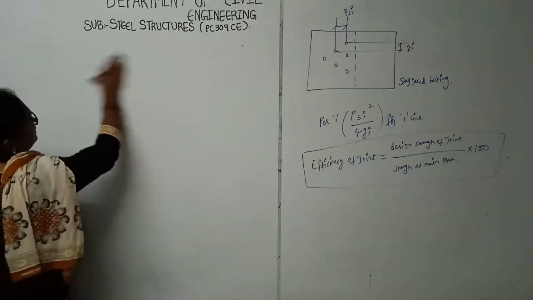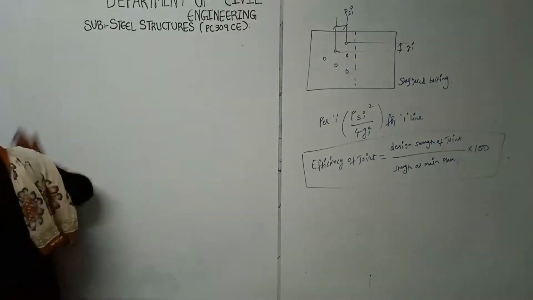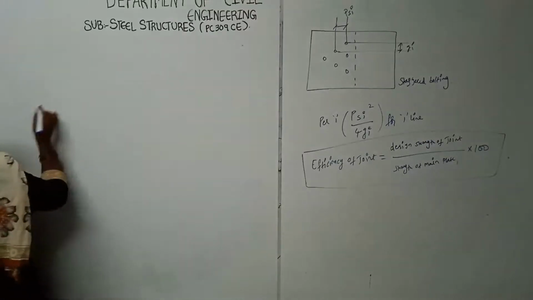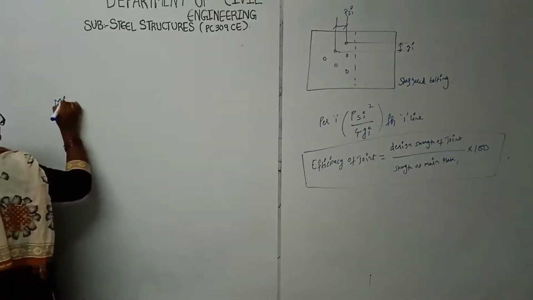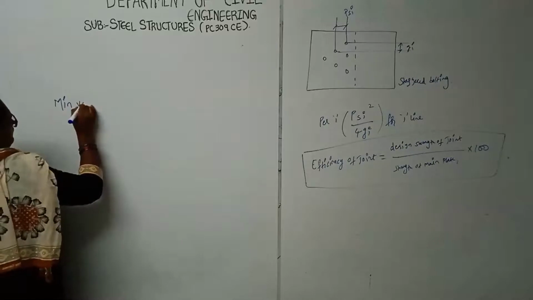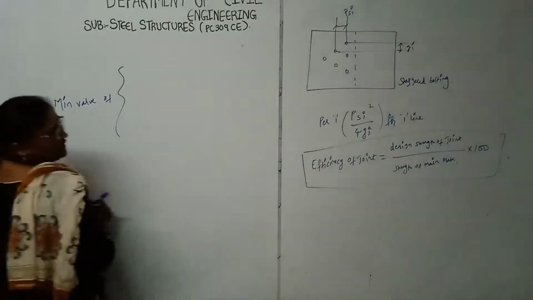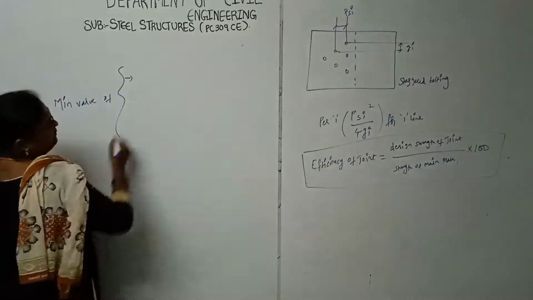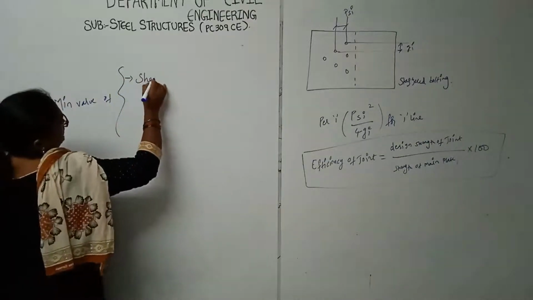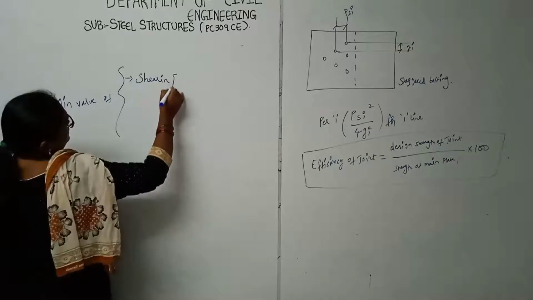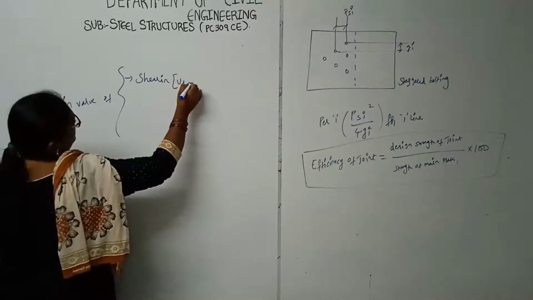See here, the minimum value. First one we have taken is shearing, that will be your VDSB.